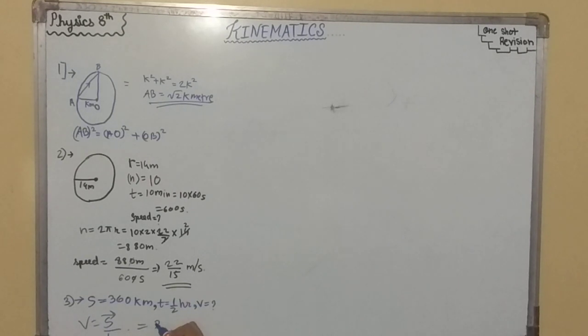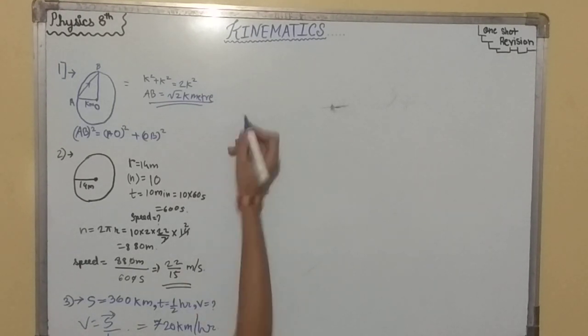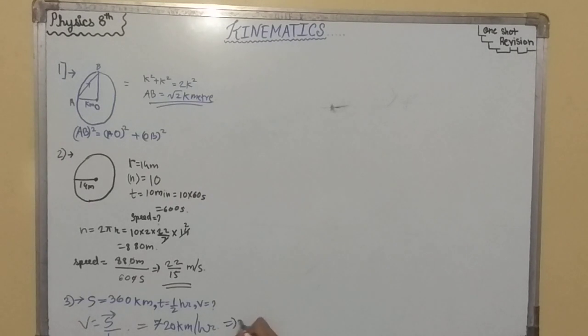Sorry, 720 km per hour. 720 into 5 by 18 is equal to 200 meter per second. 200 meter per second.